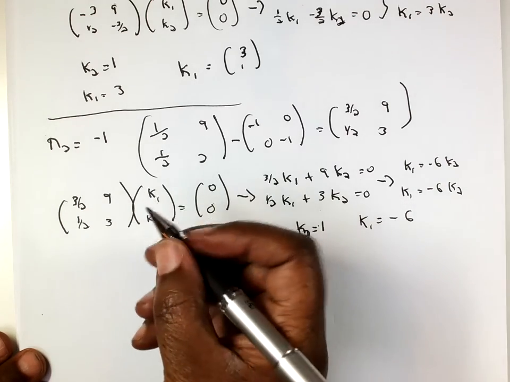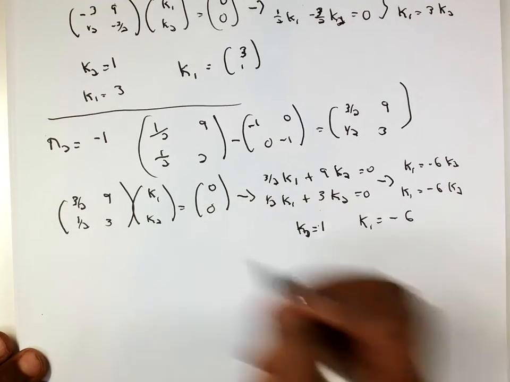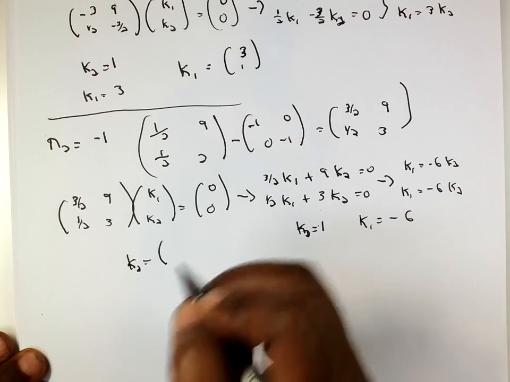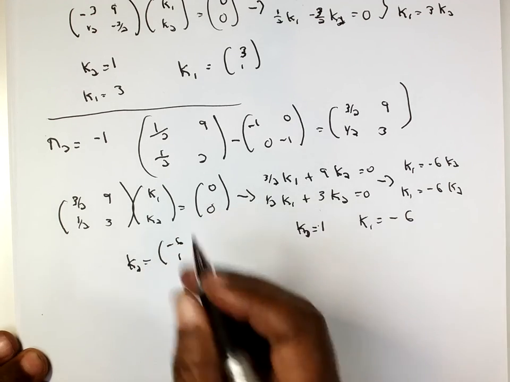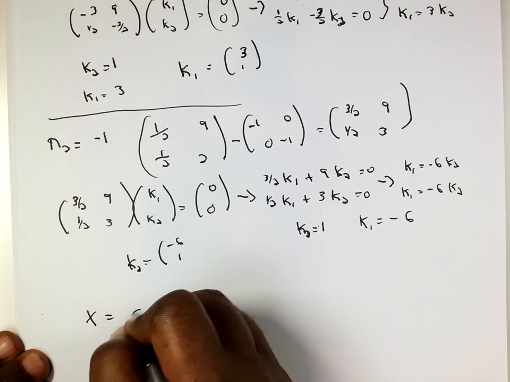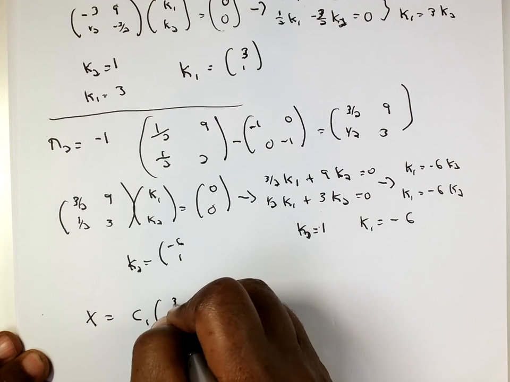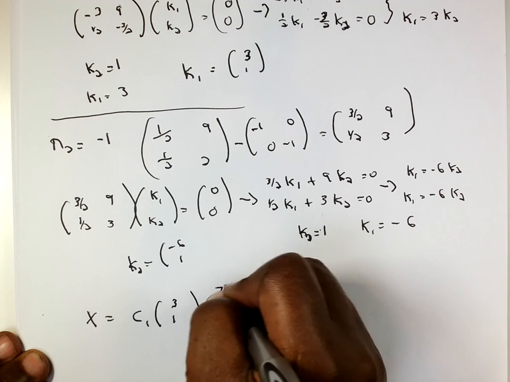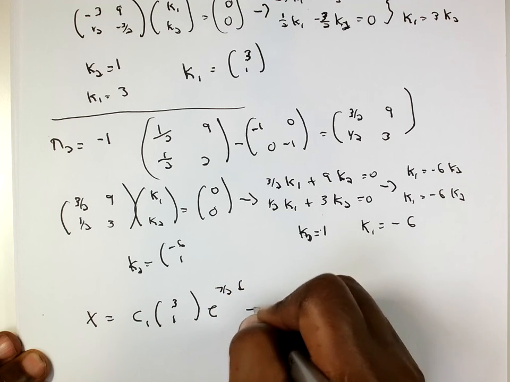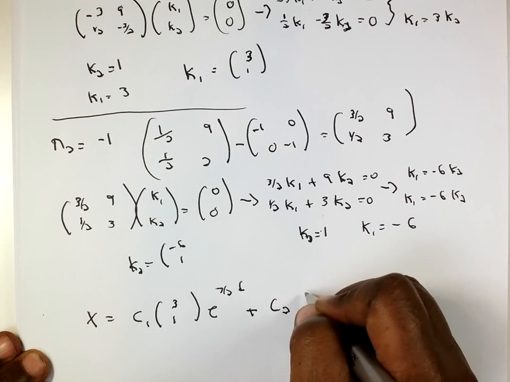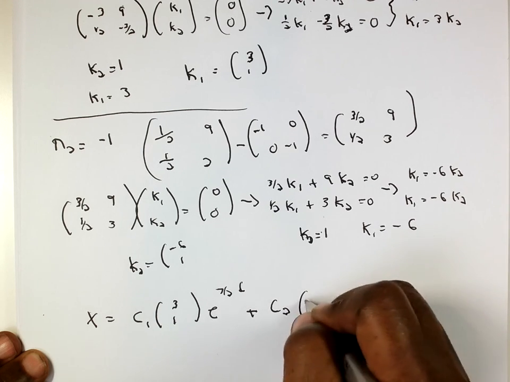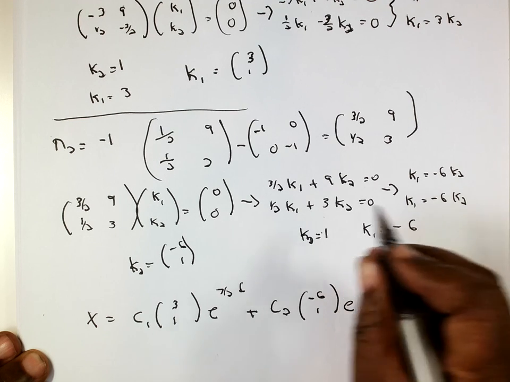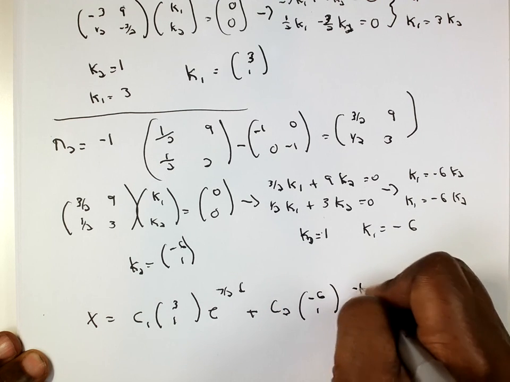So my general solution, with k as negative 6, 1, is x equals C1 times (3, 1) e to my eigenvalue, which was 7/2 t, plus C2 times, and then this k was (negative 6, 1), e to the negative 1 t.